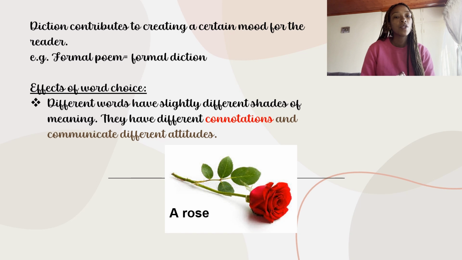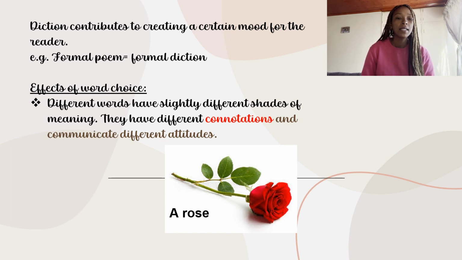Remember that I've just said that different words play different roles as much as they might have the same meaning. We see that they have different connotations in the poem, and therefore push the meaning of the poem a little more to the desired effect of the poet. I want to look at an example of a rose. And when I'm explaining a rose, remember to contextualize it in the poem.